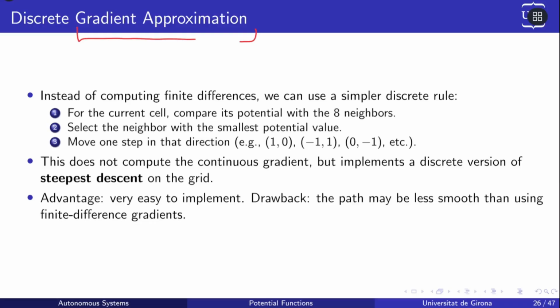Select the neighbor with the smallest potential value, which is just a value, not a direction, and then move one step in that direction, towards the neighbor with the lowest potential. This step will be your 1, 0, or minus 1, 1, or 0, minus 1, whatever. There are 8 different combinations. And this is an approximation of the gradient, because we are not using the model of the gradient.